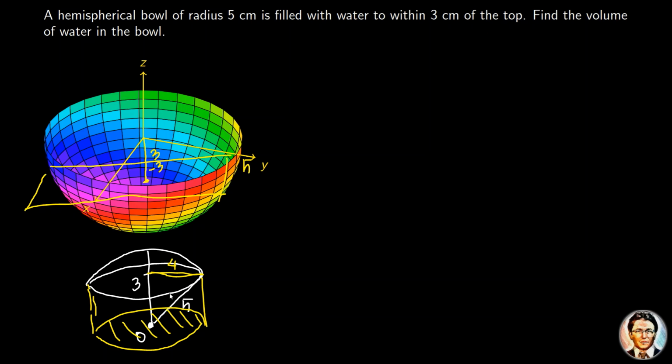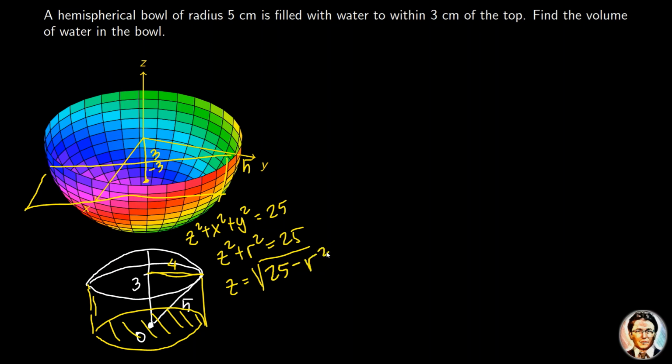Z is between 3, and the upper bound will be the sphere equation. Sphere is z squared plus x squared plus y squared is equal to 5 squared. If you express it in cylindrical coordinates, then it is z squared plus r squared equals 25. So z is equal to the square root of 25 minus r squared.